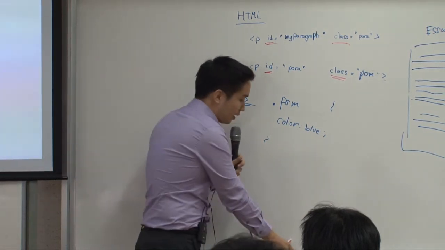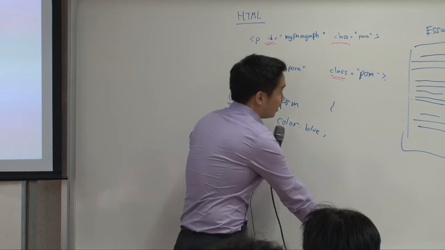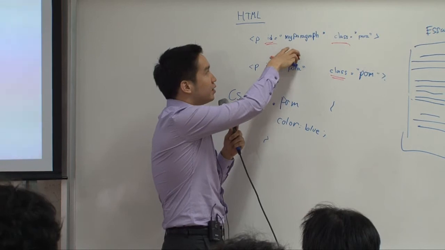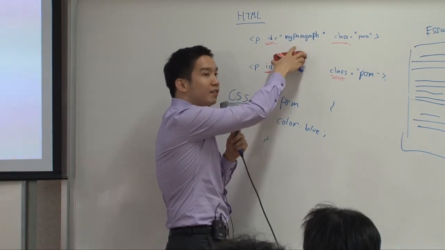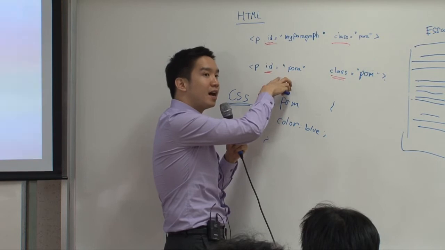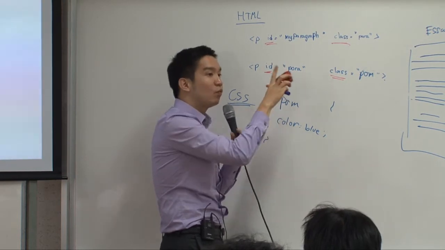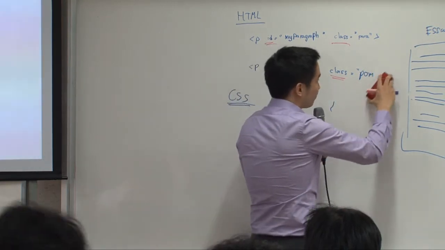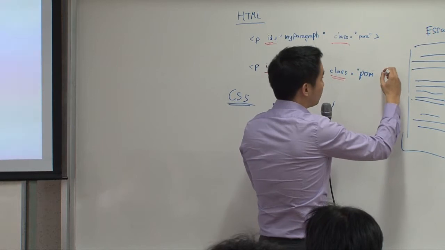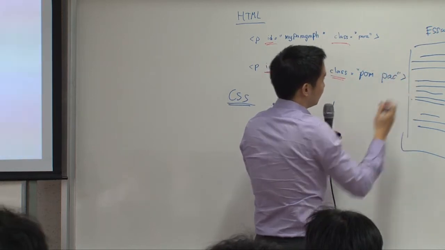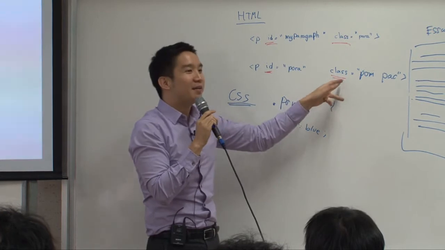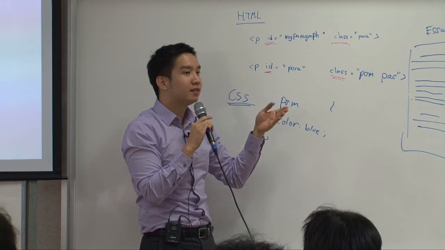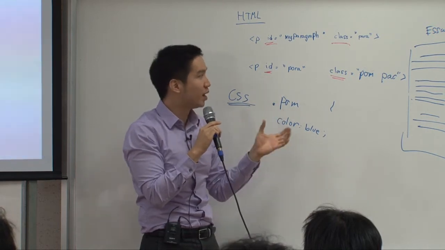Now, I want to add a bit further, okay? You can only have one ID. By one ID, I mean not only that there must exist only one ID for that page, but the ID attribute can only take one value. The difference between ID and class is that for class, you can actually have multiple classes, not just restricted to one.